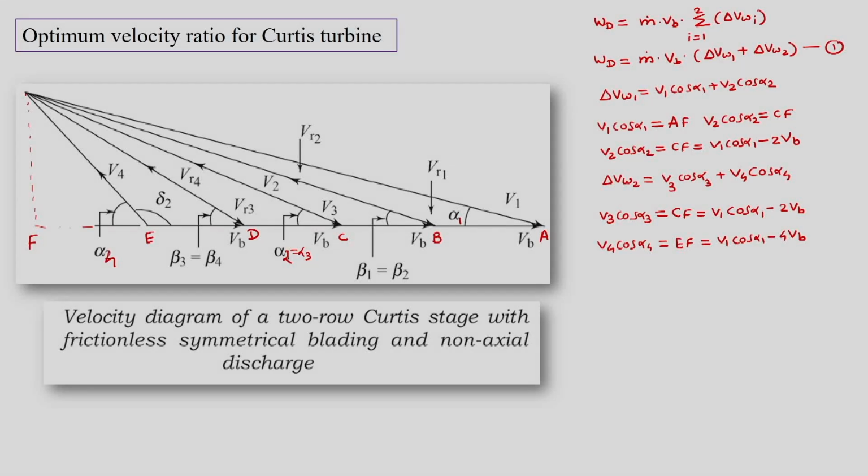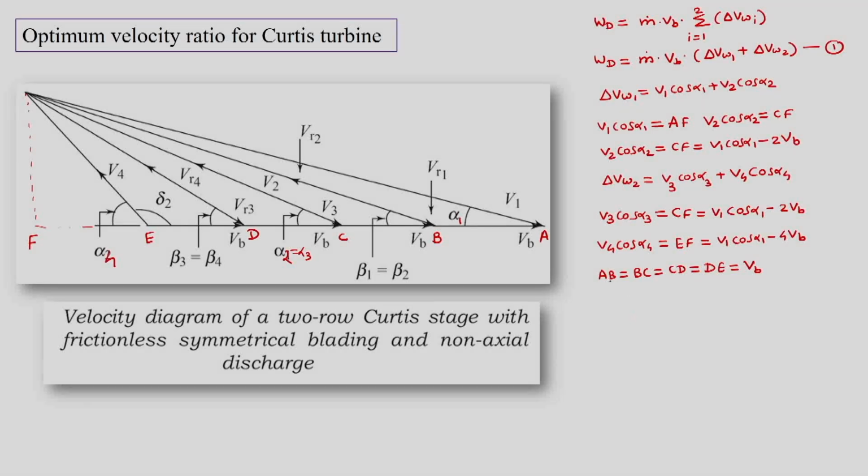Since as per this diagram we will have AB is equal to BC is equal to CD is equal to DE is equal to VB.